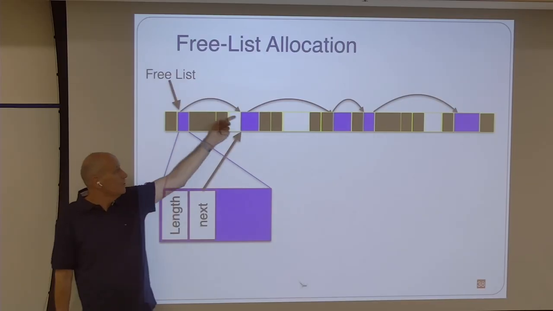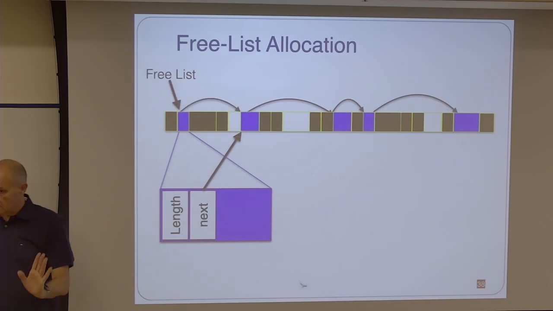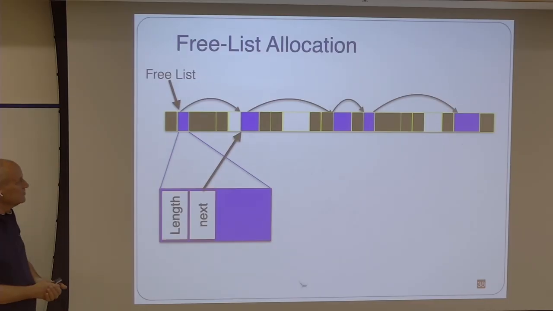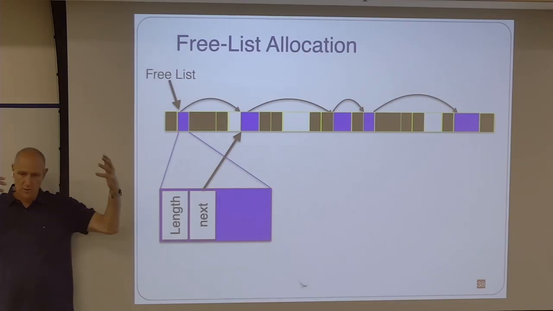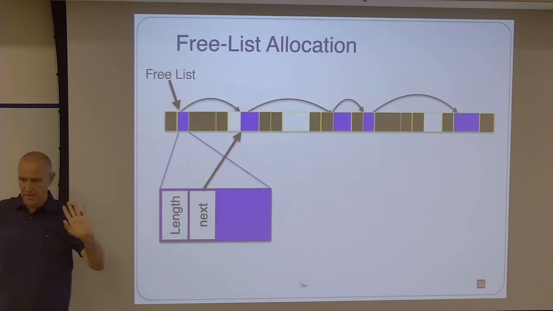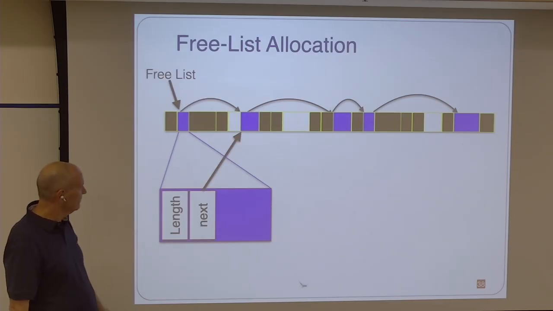If not, I could go to the next one and check if I have enough space, and so forth. So this is doable, and just for the sake of having something in mind to think about how allocation works, we'll have a more serious discussion on this towards the end of the semester.